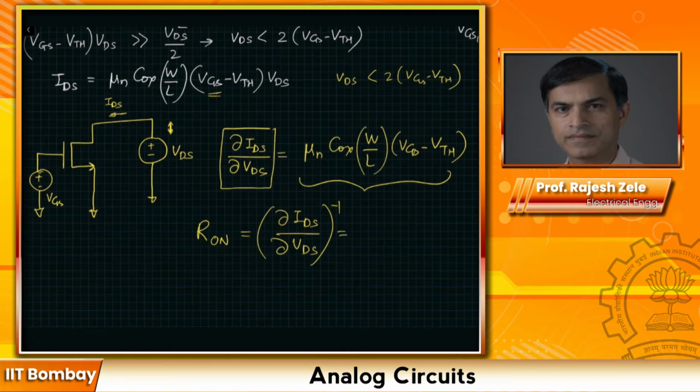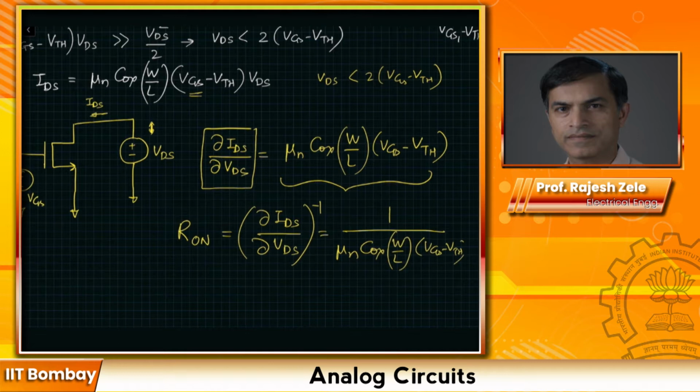So this is going to look like 1 over mu n Cox W by L times VGS minus VTH. So we can quickly see now that for a given VGS, the resistance looking into the drain, between drain and source, Ron, is fixed. So the device looks like a resistance as long as VDS is a small value.